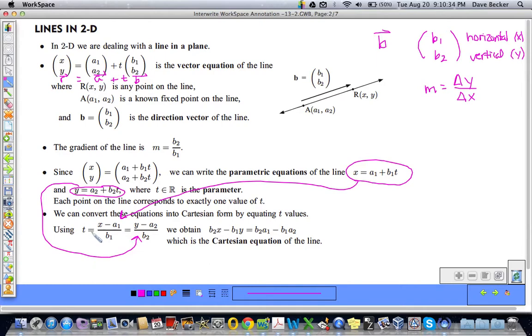So t equals x minus a1 over b1 equals y minus a2 over b2. They're all equal. This is mega confusing, and you'll see in the example how it doesn't have to be this hard. But all this really is the standard form of a line ax plus by equals c. Because all of this right here are just numbers, and x and y are variables here, and a and b are the coefficients.